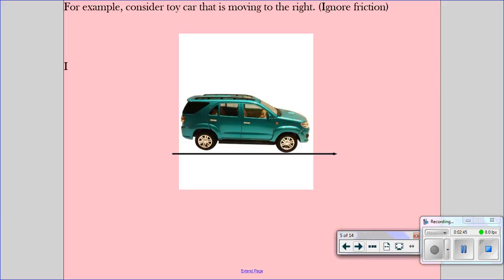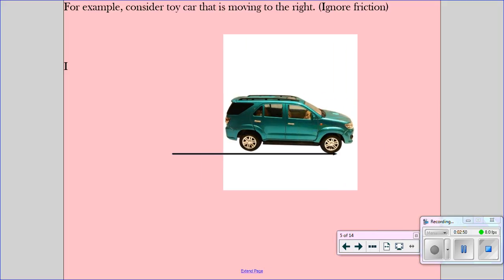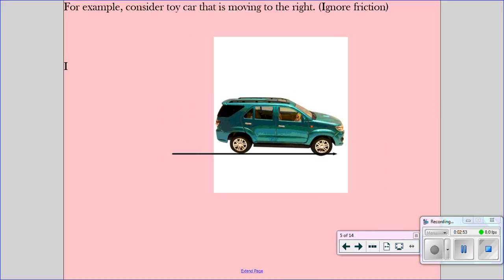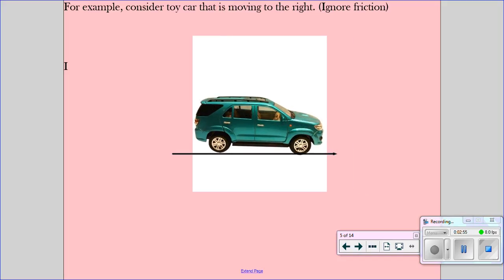So we have this SUV, and the black vector down here represents the direction the car is going. So the car is going from my left to my right. So we're going to call that the positive direction. Well, let's say here that I'm going to apply a force this way. Well, that force is being applied at an angle, and that angle has a force in the x direction and a force in the y direction.